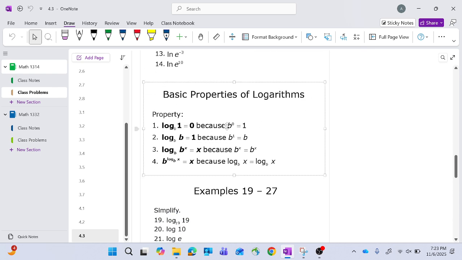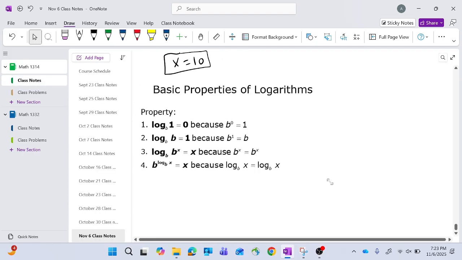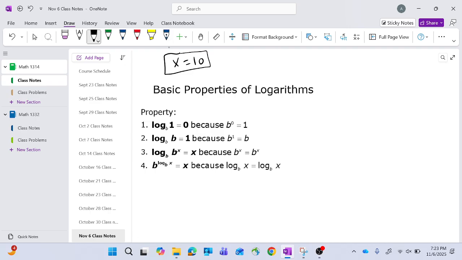All right, so these are some basic properties of logs. Log base b of 1 always equals 0. Log base b of b is always 1. Log base b of b to the x is always equal to x. These two are kind of the same thing. And b to the log base b of x equals x.